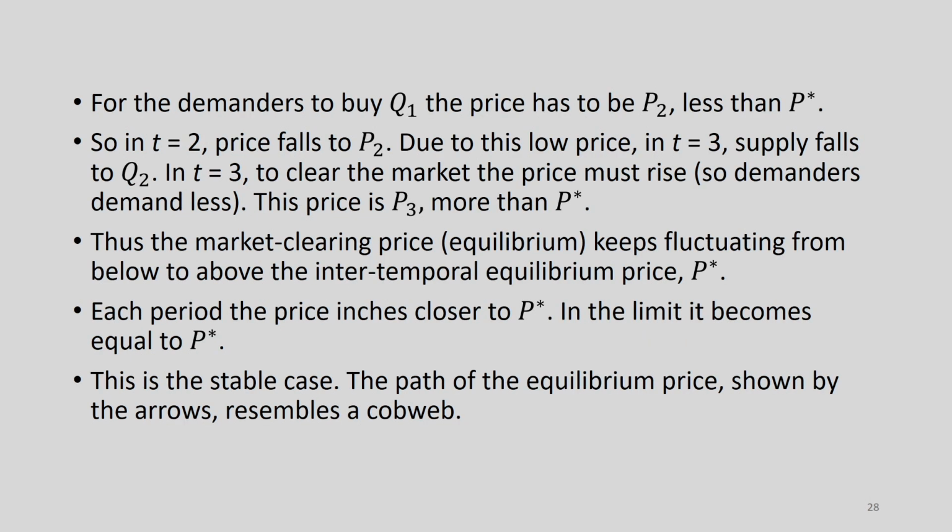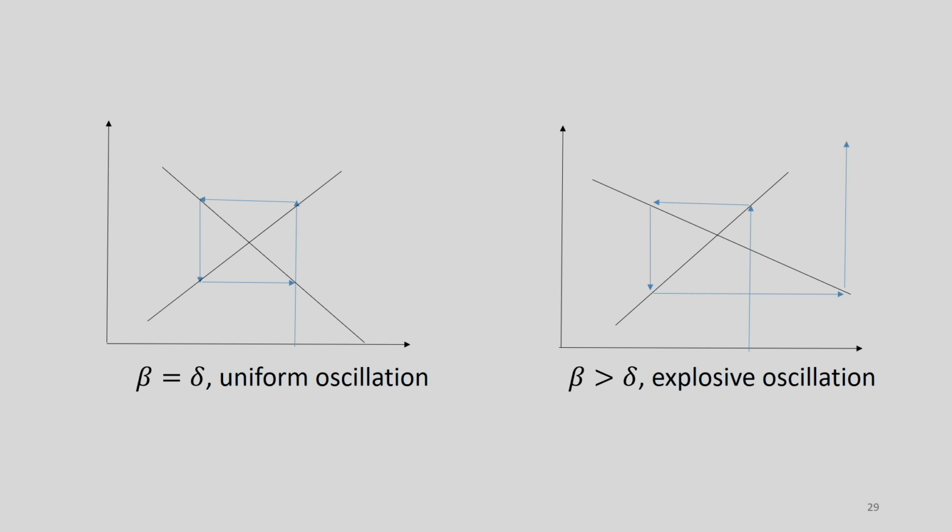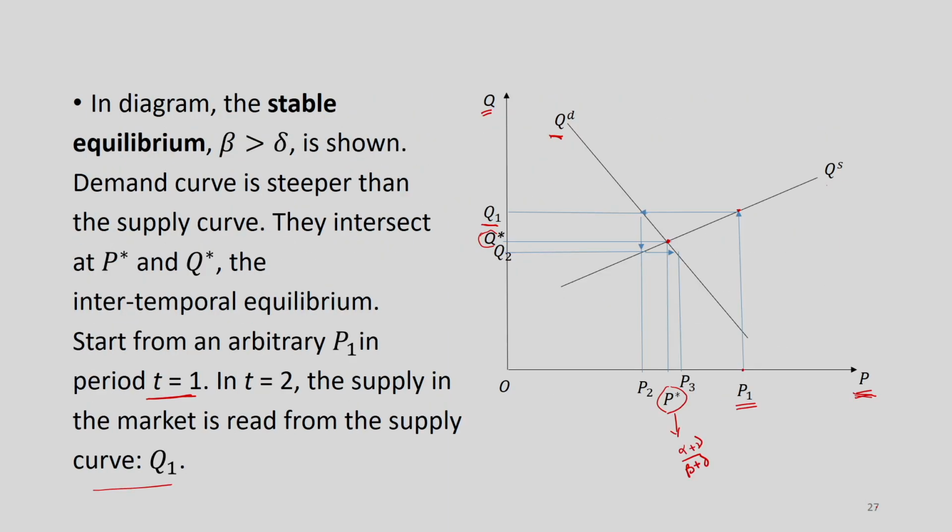For the demanders to buy this amount, that is Q1, the price has to be P2, less than P star. Let us suppose P2 is here. If the demand function has to intersect the line Q equals Q1, then this is the intersection point. From this we read the price, which is P2.